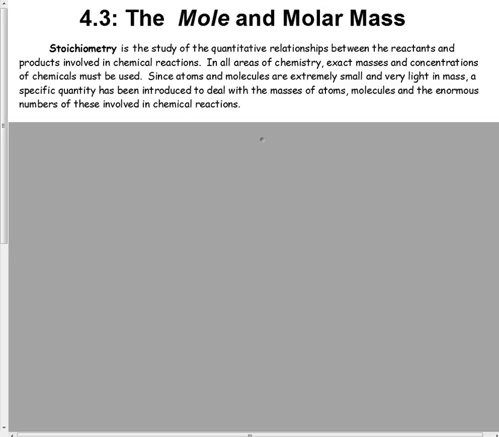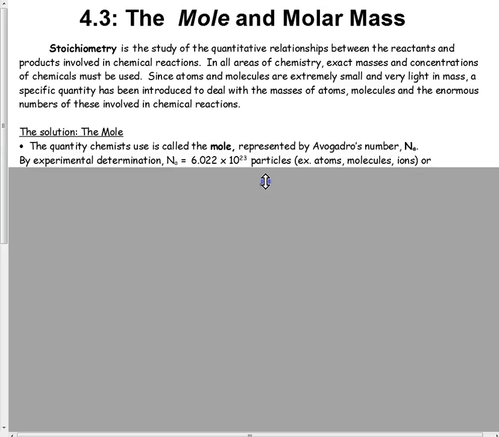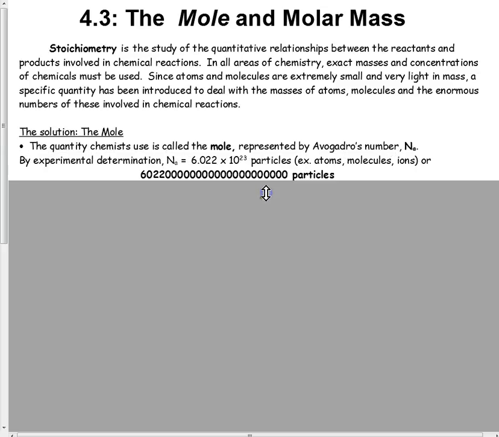On a lab scale, we need to work on gram scale typically, or possibly even larger than that. So chemists realized this problem that atomic mass units wouldn't be sufficient to allow us to do very much in the lab. So chemists really invented this idea of the mole.